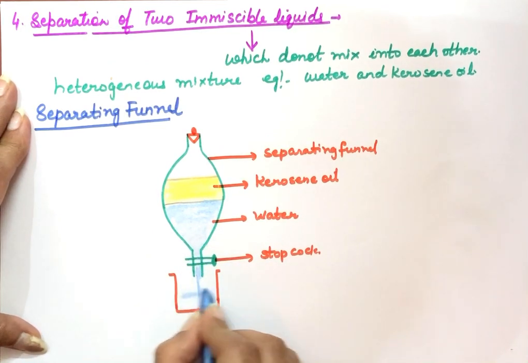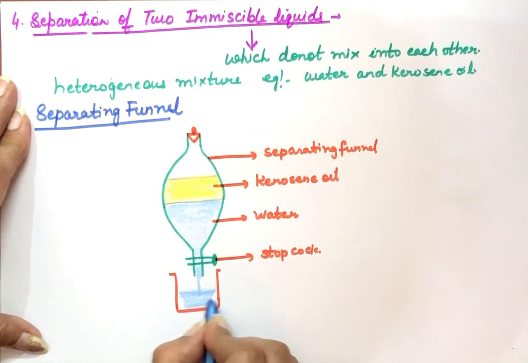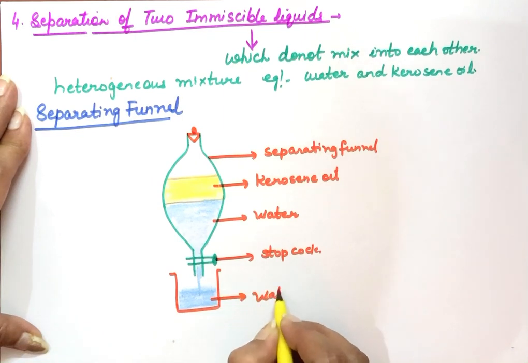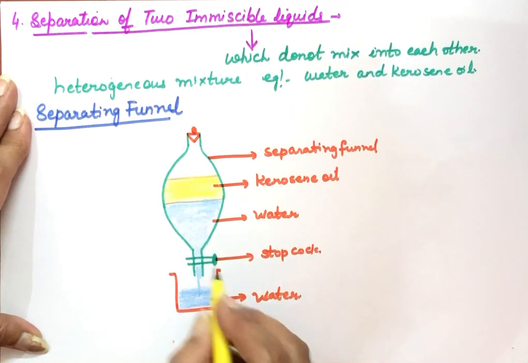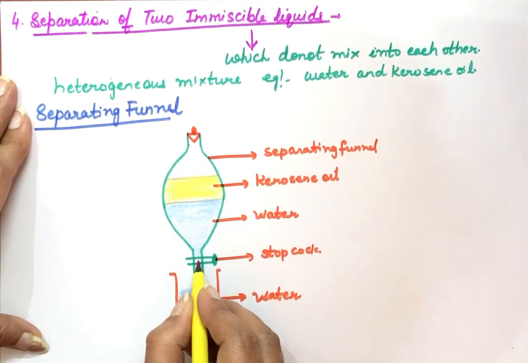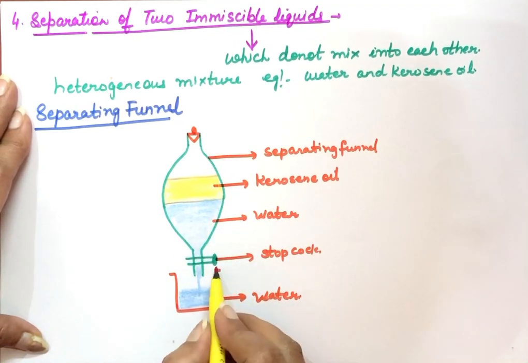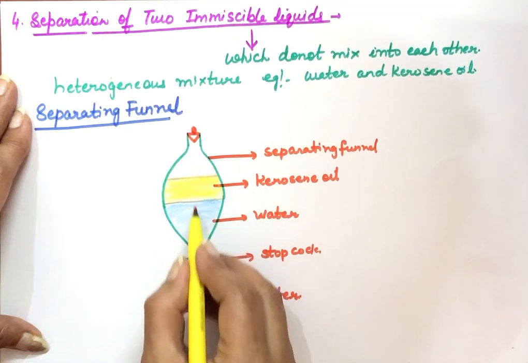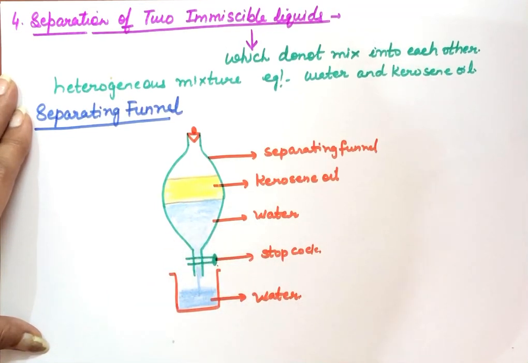This water will start collecting in the beaker. Close the stopcock quickly as the oil reaches near the stopcock. What will be in the beaker is water, and what will be left behind in the separating funnel is only kerosene.